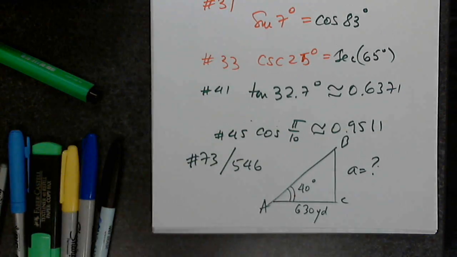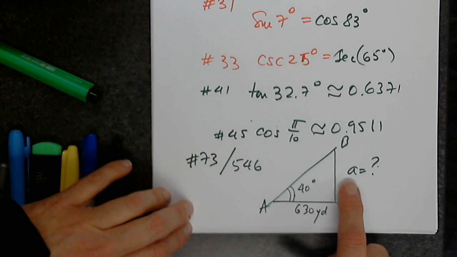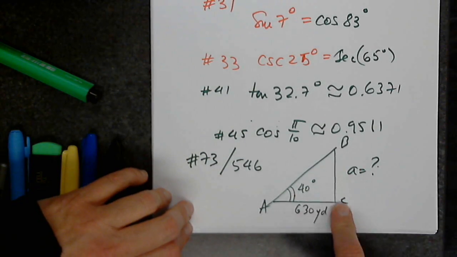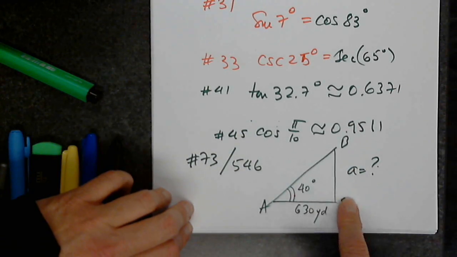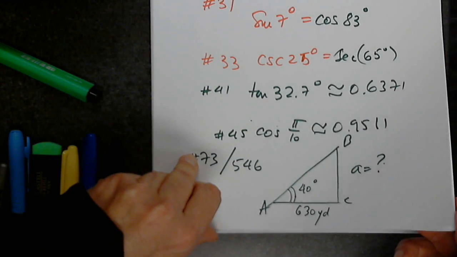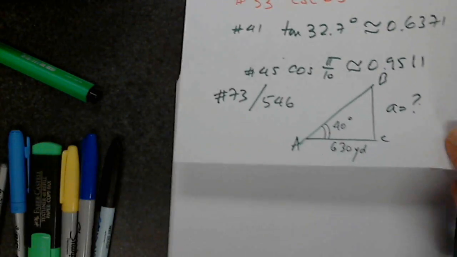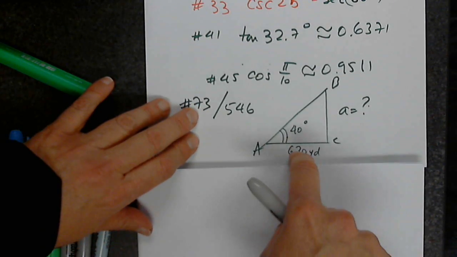Okay. So I have this length and I have 40 degrees. So I'm interested in this side. That's what they're asking us to determine, A. How do I do that, knowing trigonometry, and knowing this angle and this side?